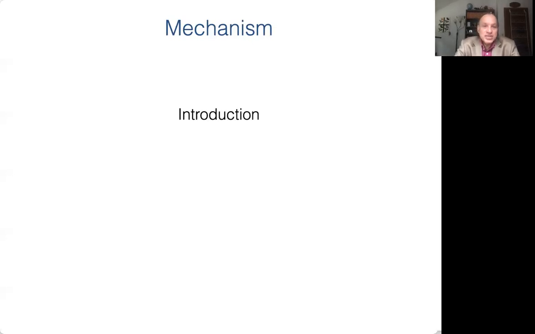Now let's see what the mechanism is and how we go about figuring it out. This is a big deal in organic chemistry. They do lots and lots of experiments for years and years, and in the end, they may not even know what the mechanism is.